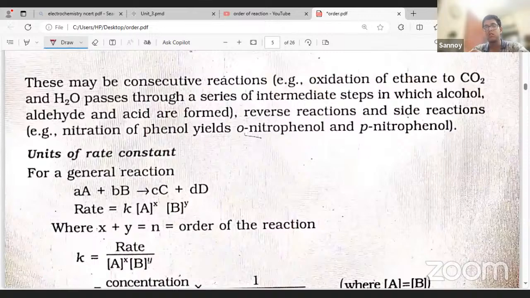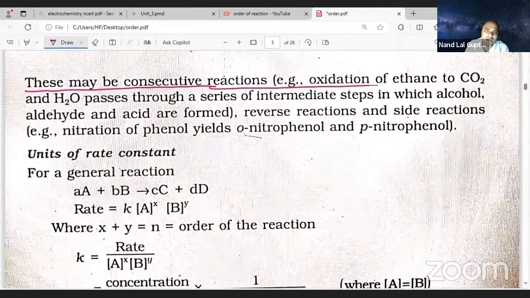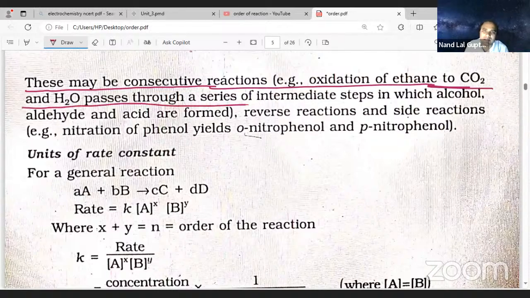Here you see, these may be conjugative reactions, oxidation. Oxidation of ethane to CO2 and H2O passes through a series of intermediate steps in which alcohol, aldehyde, and acid are formed.